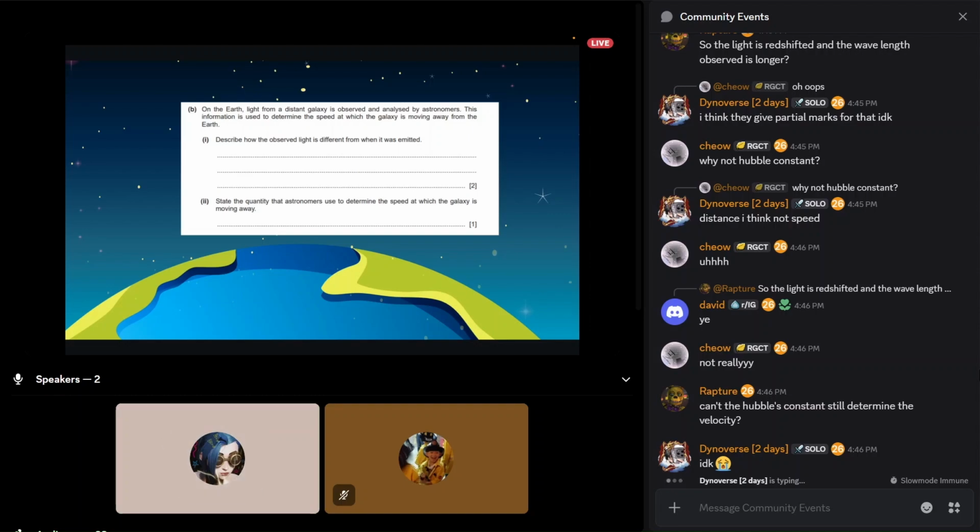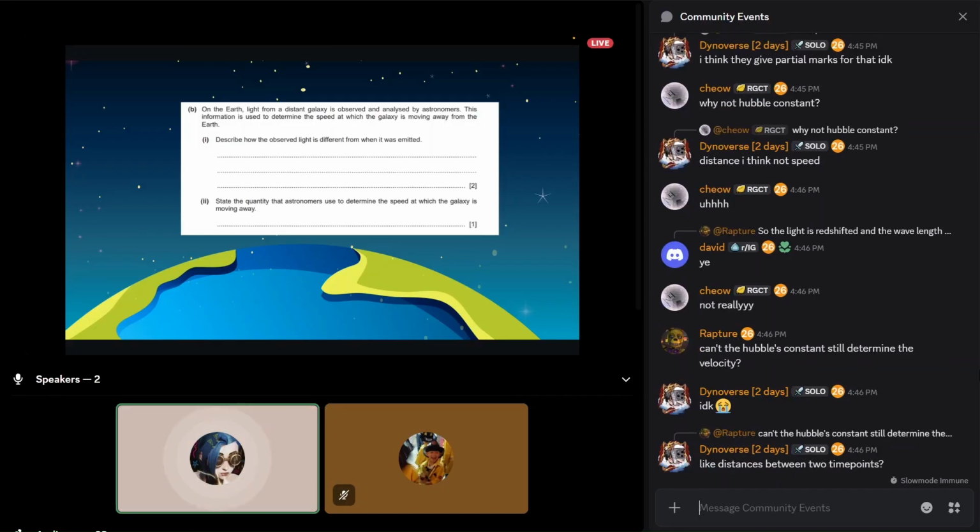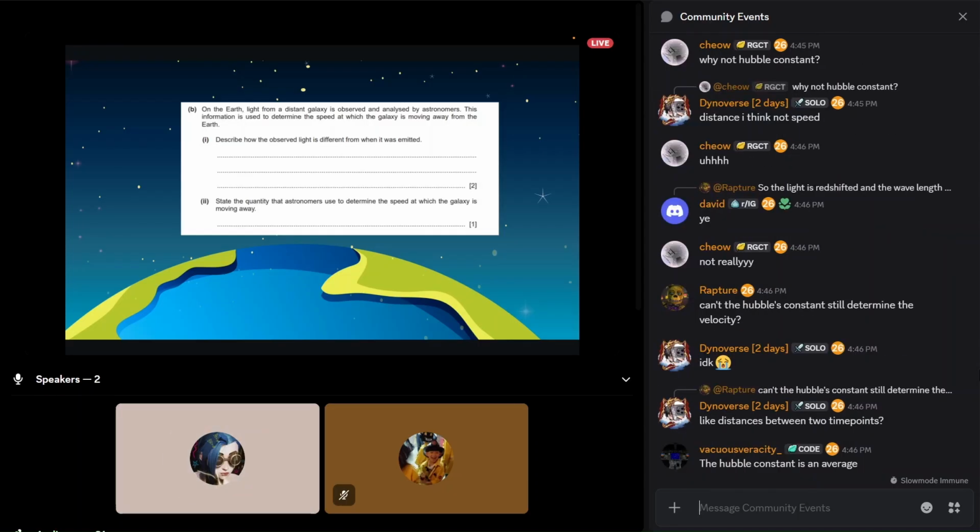So if you just have one, you can't tell the speed of the galaxy by that. And also the constant is measured after the velocity was measured, so you can't really flip it.